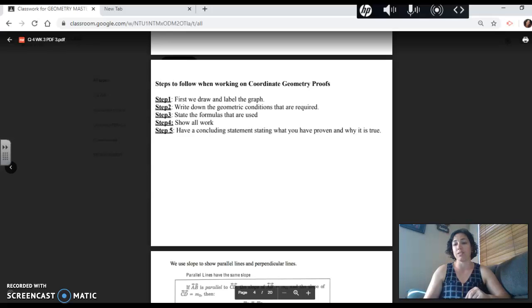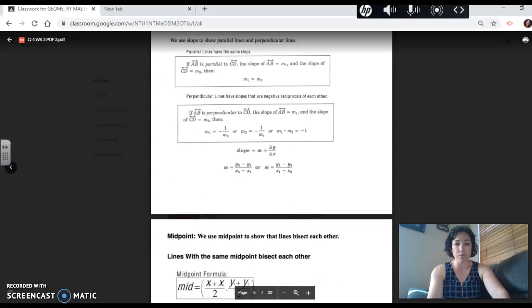If we're trying to prove that four different sides are congruent, then we need to make sure that we know the distances. We're just going to be looking at whatever's required for whatever shape we're trying to prove. And we're going to need to make sure that we know each of the formulas that are necessary to do it and to be able to show our work. So hopefully this is going to help you.